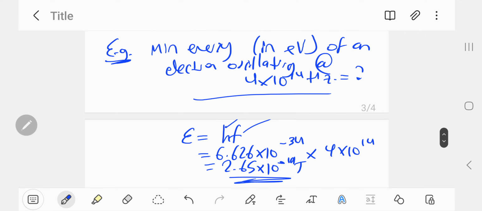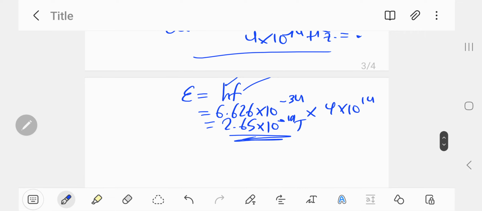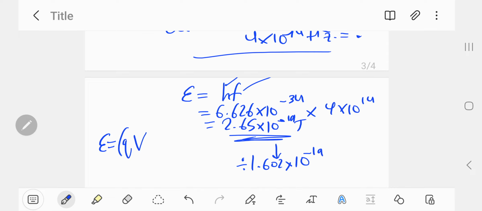Now we're not done yet, because the question specifies electron volts. So how do we convert from joules to electron volts? We divide by 1.602 times 10 to the minus 19, which is basically the charge of the electron. It's on the formula sheet. I forgot to mention, the energy gained by the electron passing through the potential difference equals qV, because that's equal to work, if you recall.